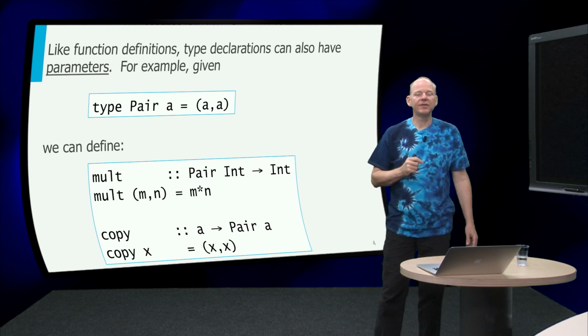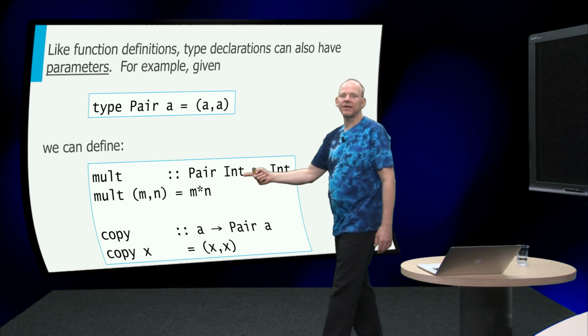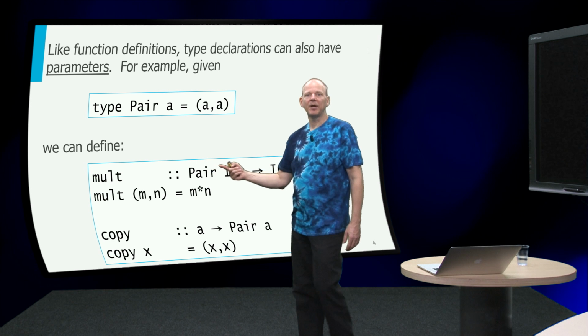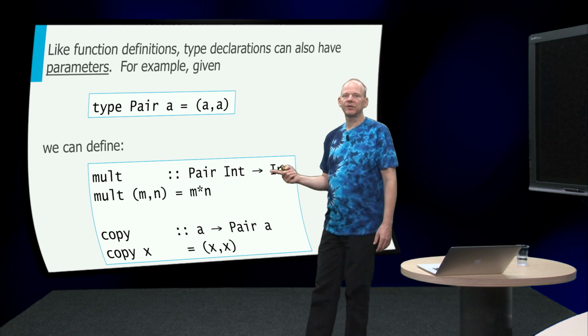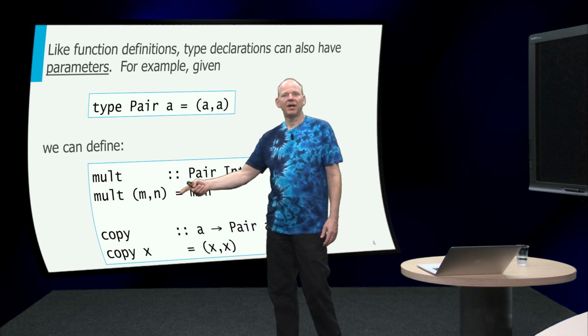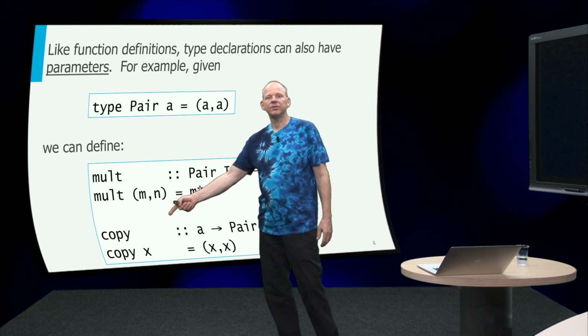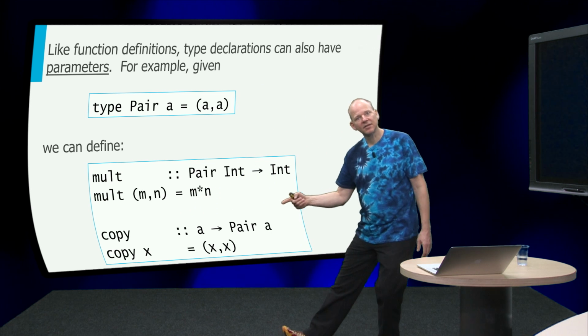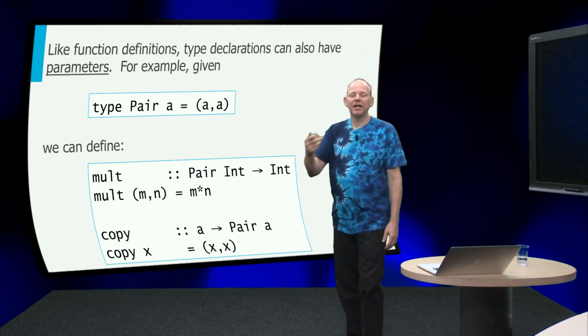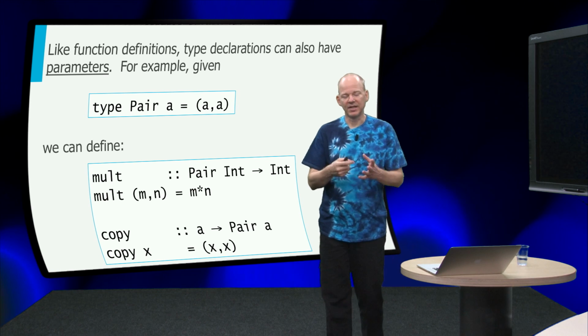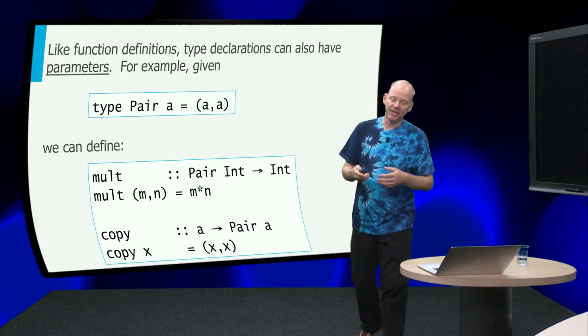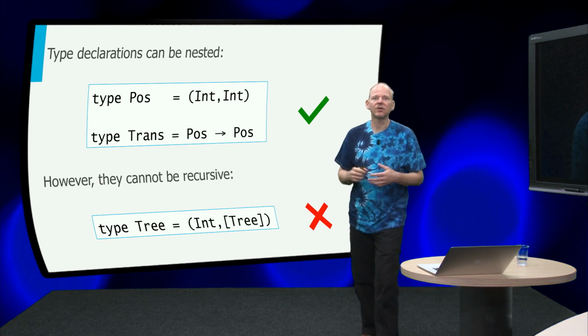And now we can define functions over that type. For example, we can take a pair of integers and return an integer by multiplying the two. Or we can take a single value and copy it into a pair. There's the function copy, which takes an x and returns a tuple that contains two copies of x.